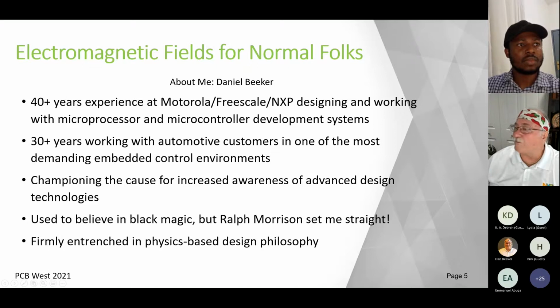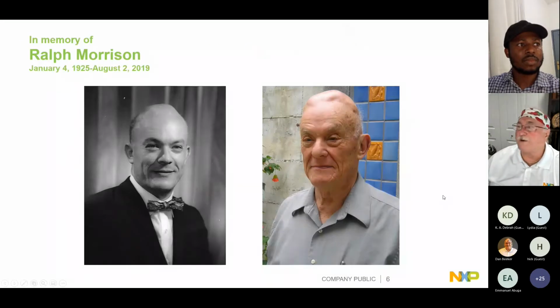So next, I want to talk a little bit about Ralph Morrison. If you don't know who Ralph is, please take some time later today and Google him or go to the ralphmorrison.com website.